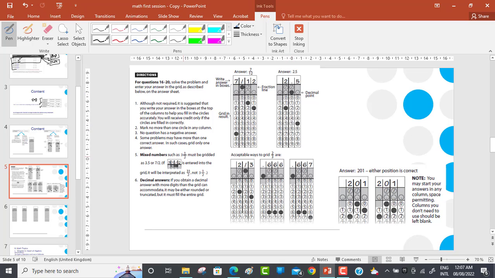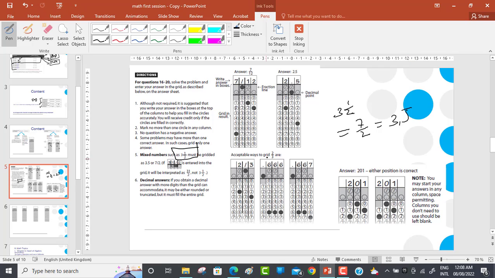You can grid in any fraction, but you cannot grid in a mixed number. If you have the mixed number 3 and a half, it should be written as 2 times 3, 6 plus 1, 7/2. You have to grid it as a fraction or as a decimal number.